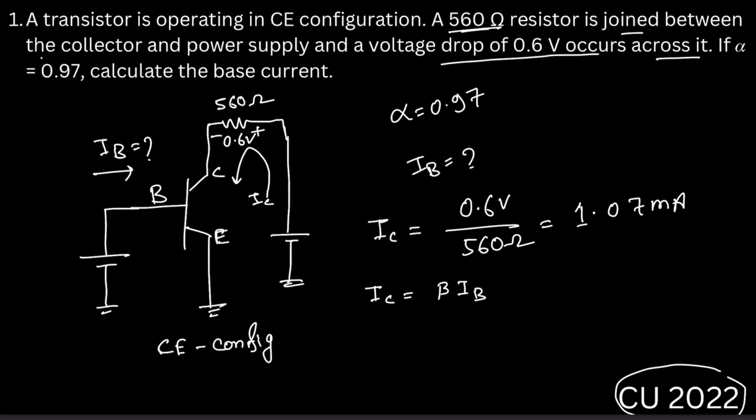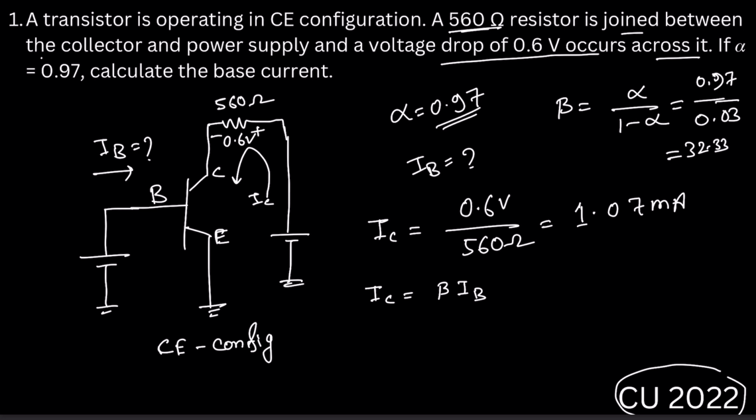And here we have alpha, right? So we know that beta equal to alpha divided by 1 minus alpha. Here alpha is 0.97, so beta will be 0.97 divided by 0.03, that is equal to 32.33. So the value of beta is 32.33.